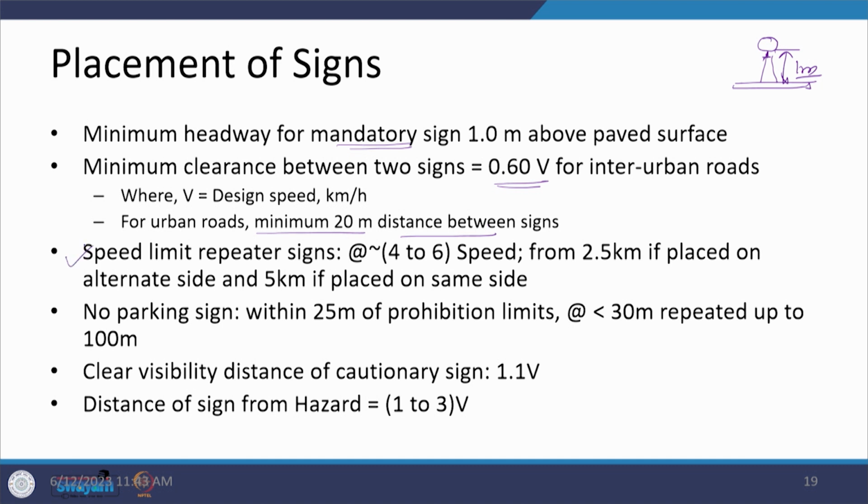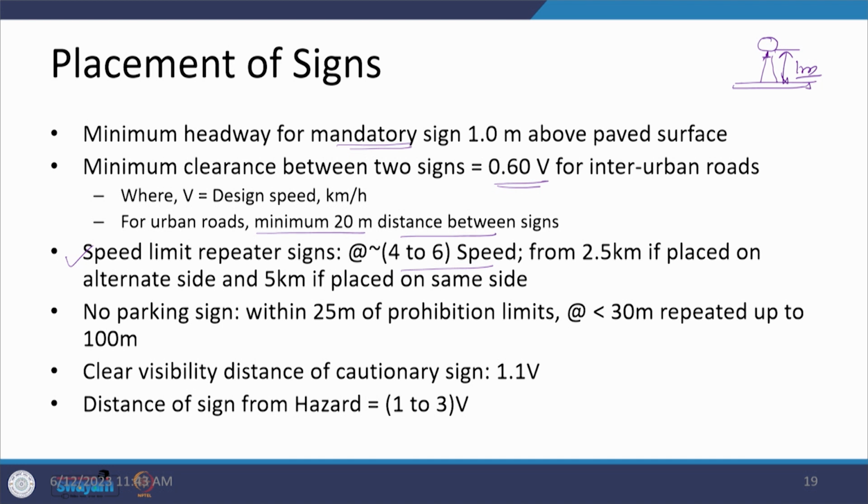Then speed limit nowadays is another important aspect in the urban areas, even on the national highways. So, if the speed limit sign is being provided, it is better that speed limit repeater signs are provided, so that the driver is warned again and again, and this is being done at a rate of 4 to 6 times the speed. That means, if the speed is 50 kilometers per hour, roughly we can say 5 times that, which means 250 meters.